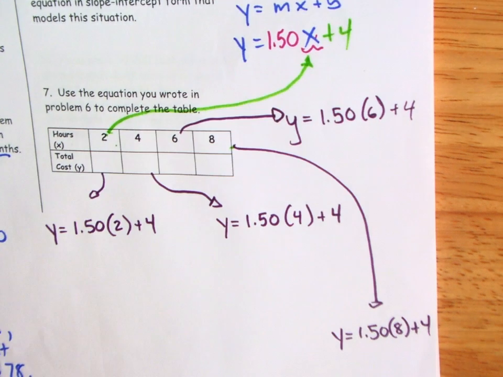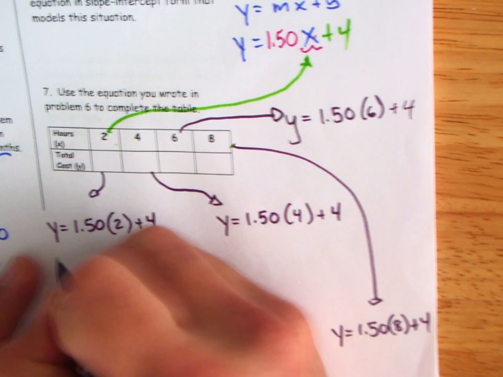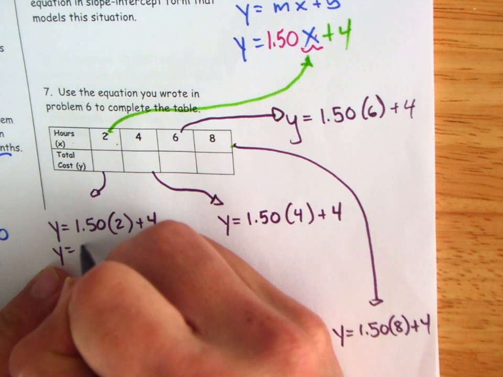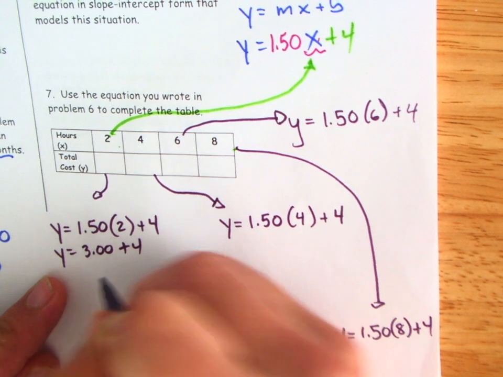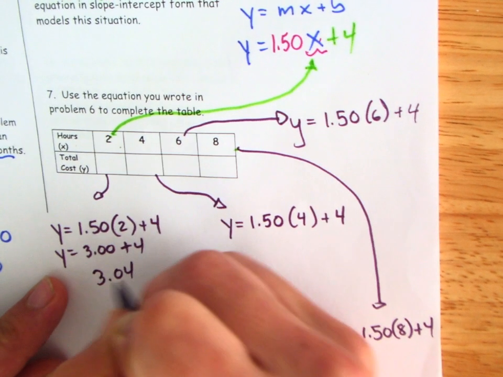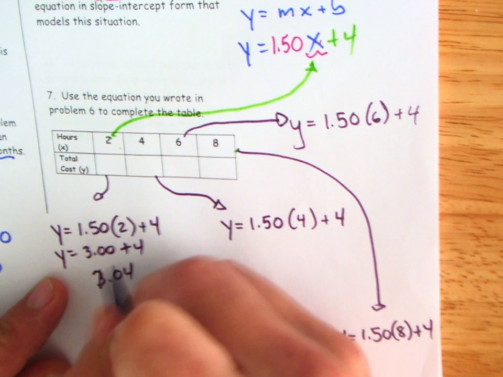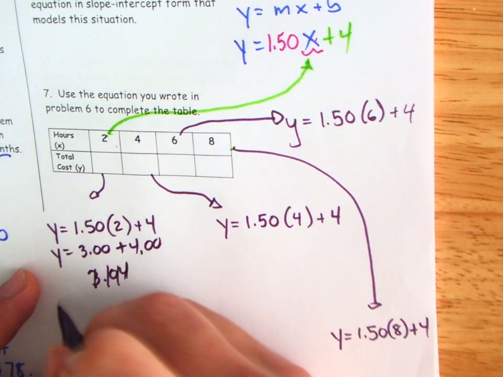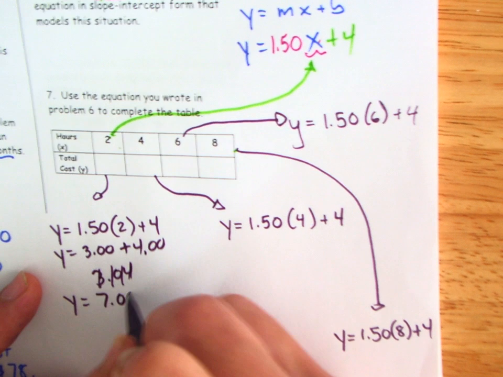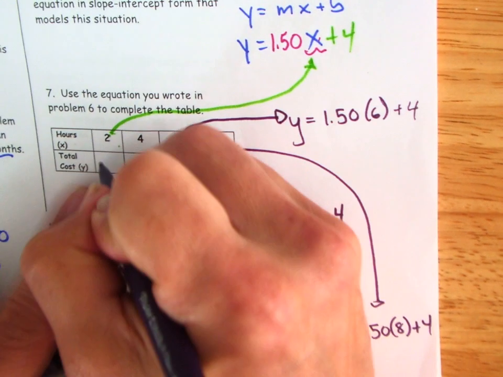Ready? So here we go. 150 times 2 is what? $3 plus 4 is not 304. A lot of kids want to put 304. No, it's $3 plus $4. That is $7. So I'm going to put here $7.